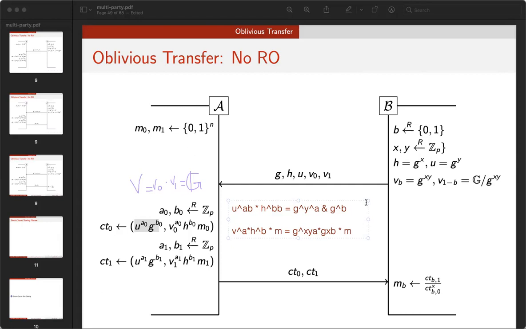So U to the A0 times U to the A times G to the B equals G to the YA times G to the B, which equals G to the YA plus B. And then that's G to the XYA plus B.